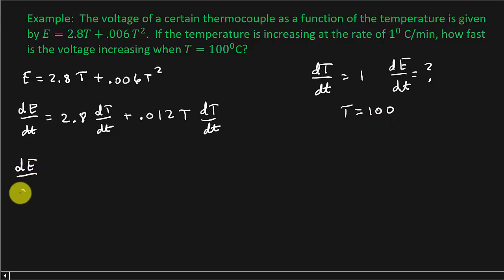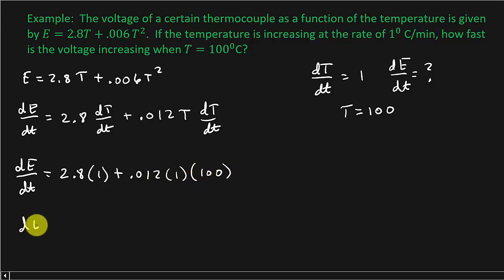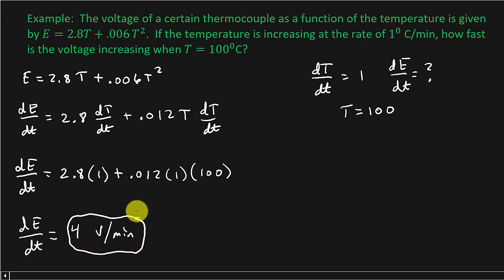So we get dE/dt is equal to 2.8 times 1 plus 0.012 times 1 times 100. And so dE/dt comes out to 4 volts per minute. And that's your answer.